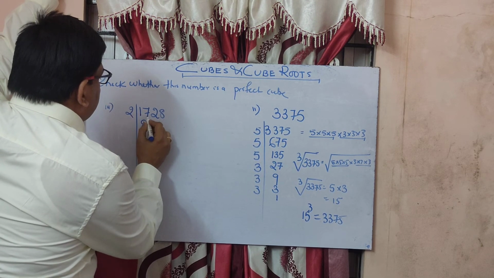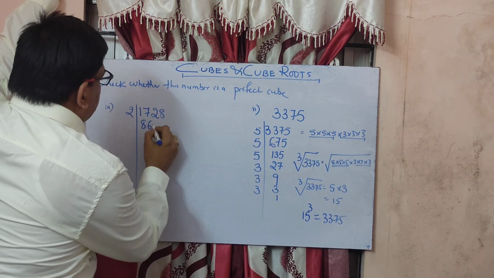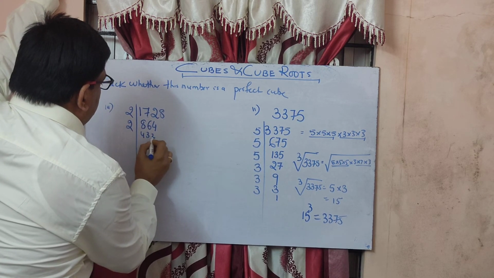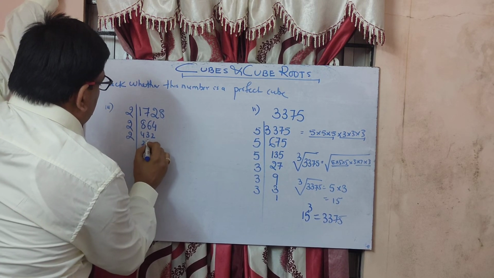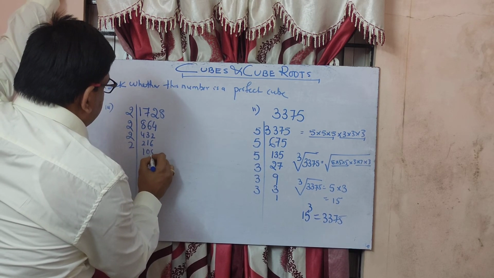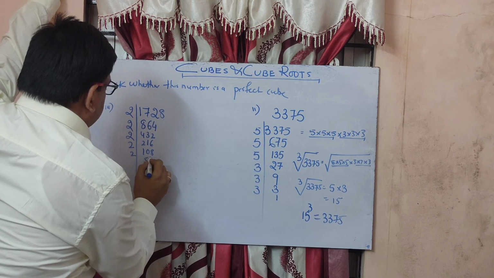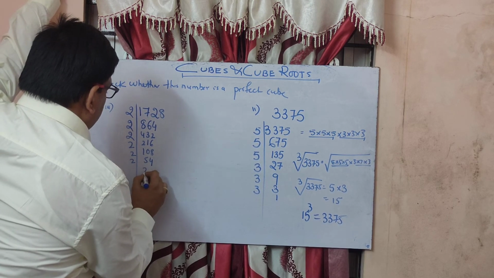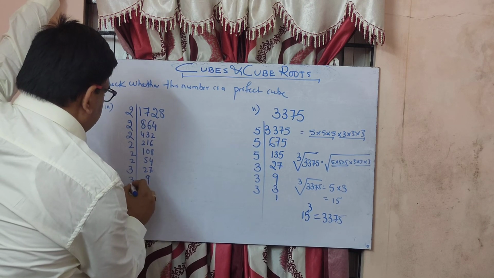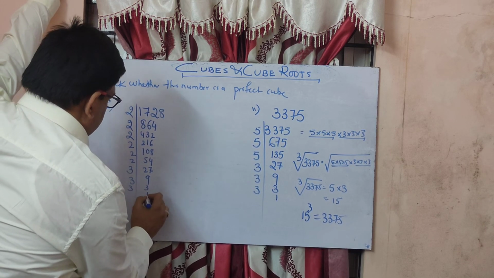2 8s are 16, 1 remaining, 2 6s are 12, 2 4s are again even, 2 4s are, 2 3s are... 2 2s are again even, 2 2s are, 2 1s are... 2 6s are again, 2 10s are, 2 8s are again, 2 5s are, 2 4s are again, 2 27s are again 3 9s are, 3 3s are, 3 1s are.